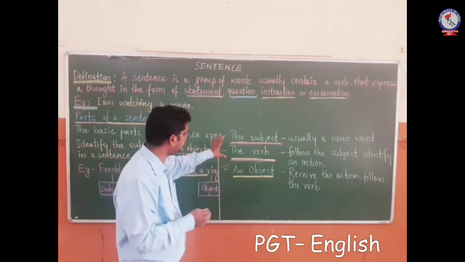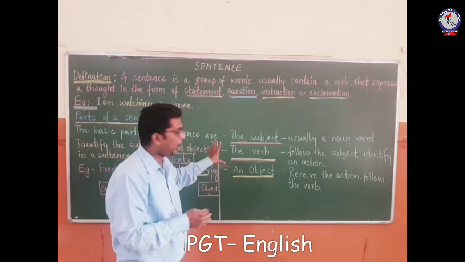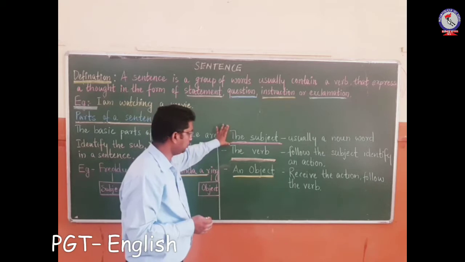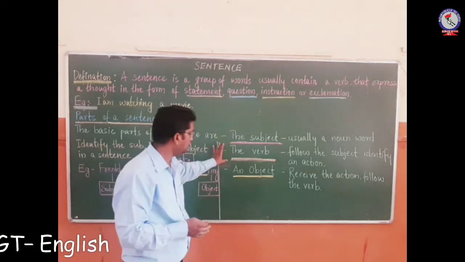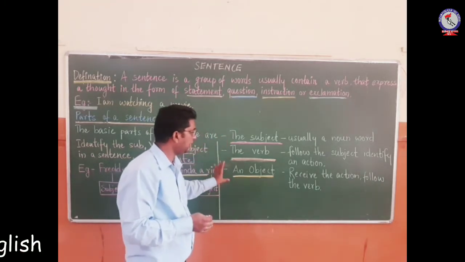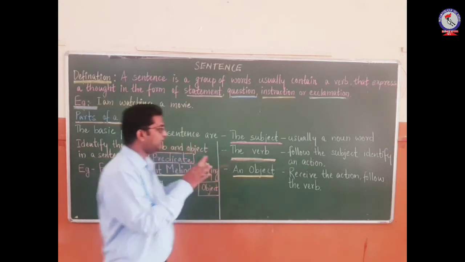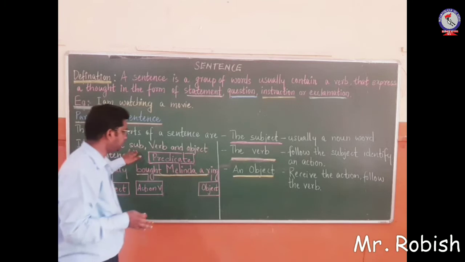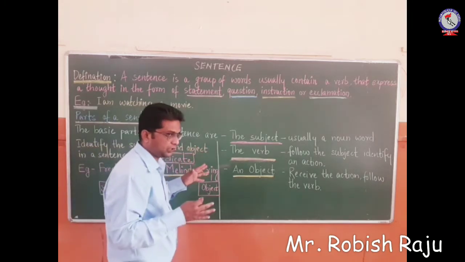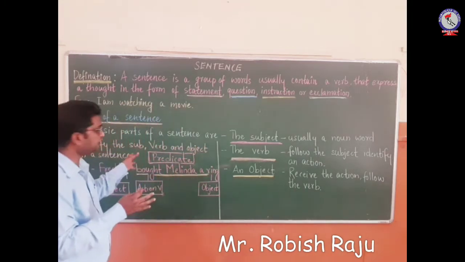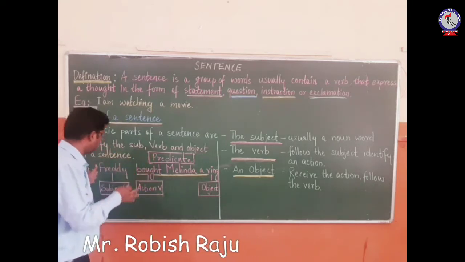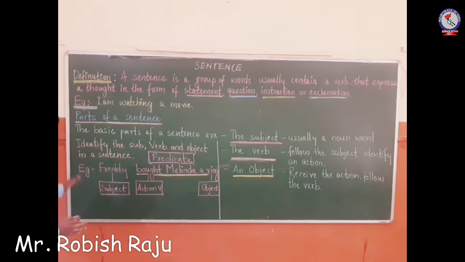You see here the three essential parts of a sentence. First, the subject. Second, the verb. Third, an object. Now let's identify these three terms: subject, verb and object. How are we going to identify them in the sentence? So let's see one example.